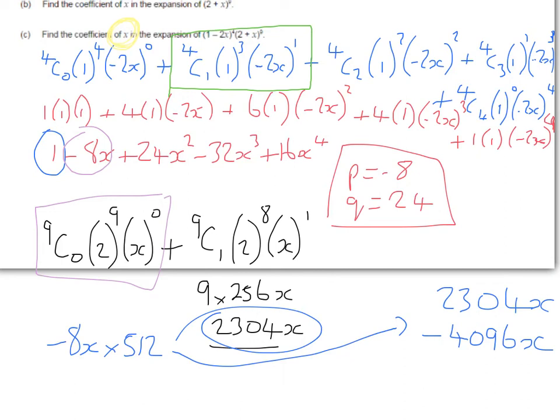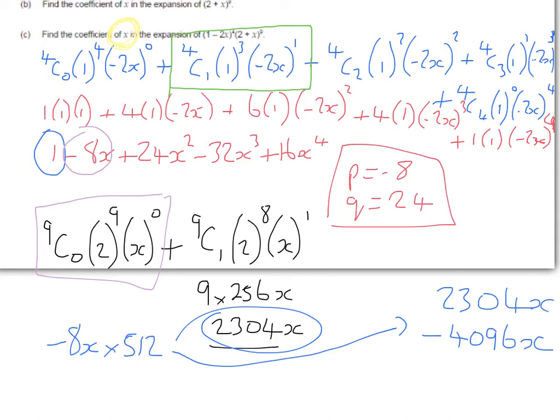So if I started to collect my like terms together now, let's just double check that I'm doing this right. I've got my 1 multiplied by where I can get an x. I've got my x term multiplied by a value. Anything else that I times together, an x times an x is going to get me an x squared, or an x squared multiplied by a value, or anything. All these other terms, when they're multiplied, are going to give me powers greater than just x to the power of 1.